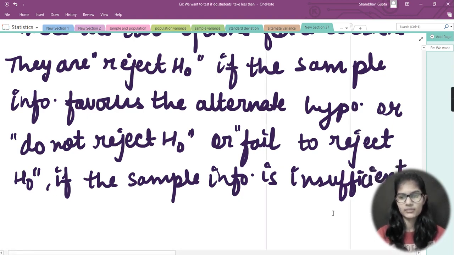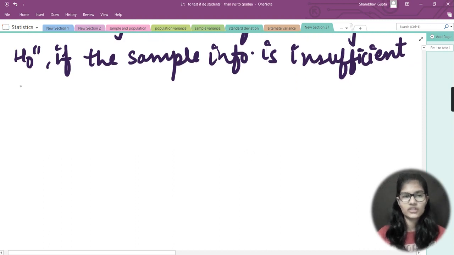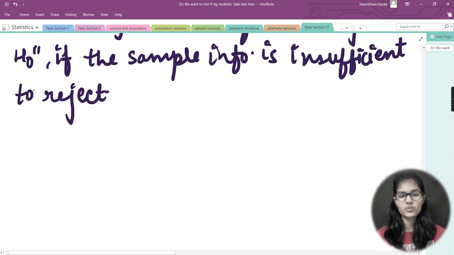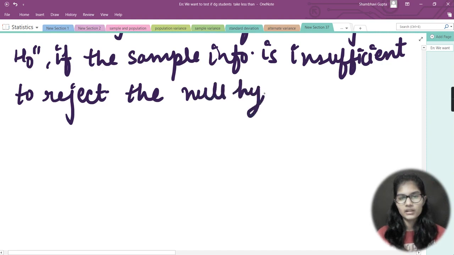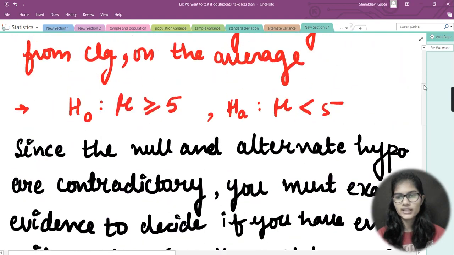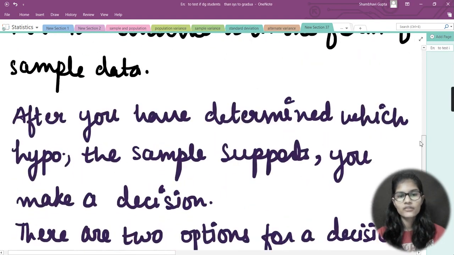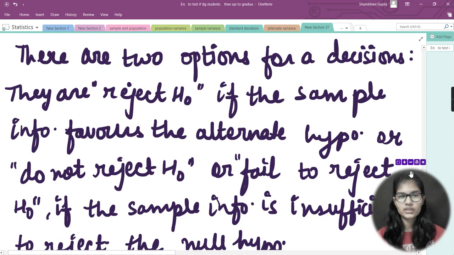Insufficient to reject the null hypothesis. So these are the two decisions which can be made here. There are two options for a decision.